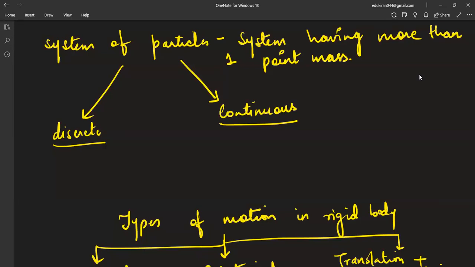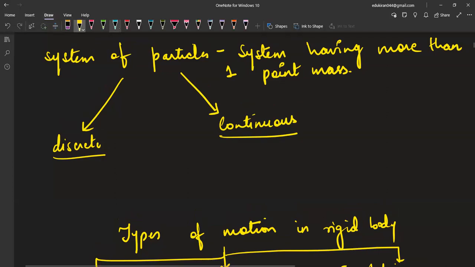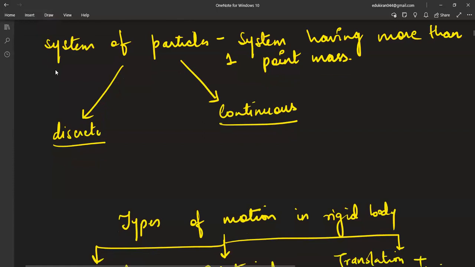The name of the lesson is system of particles: a system having more than 1 point. One particle is itself, but when more than a single point mass comes, that means it's a system of particles. Now, you will also be getting these terms: discrete system of particles, continuous system of particles, discrete masses, continuous masses.